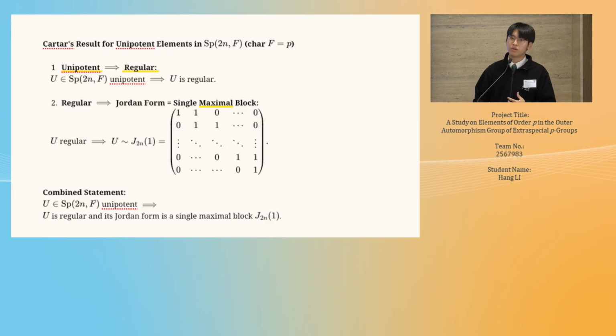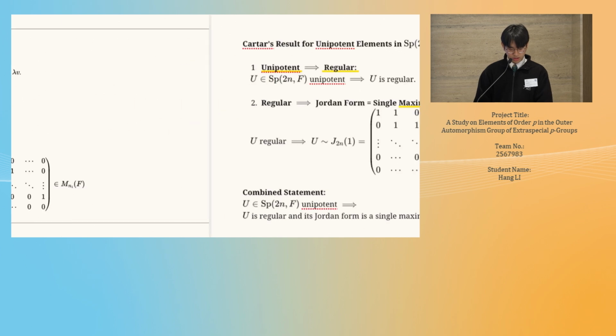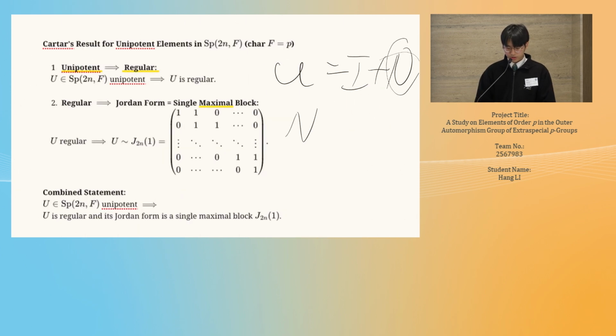This result is really important for my study because he showed that all the unipotents in the symplectic group are regular, and regular means that the Jordan normal form of a unipotent is in this format, and the nilpotent has a Jordan normal form just like this, with only one largest Jordan block.